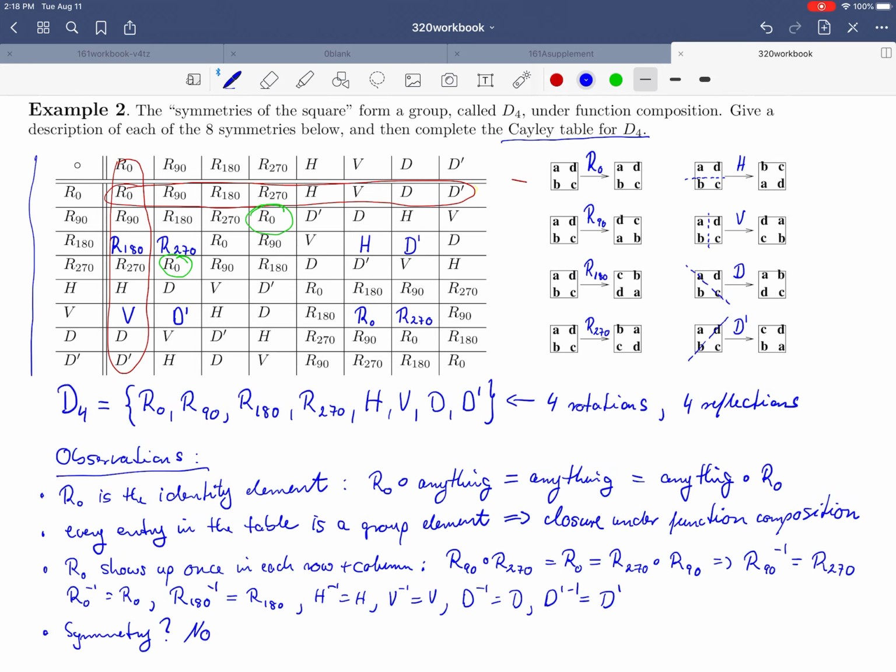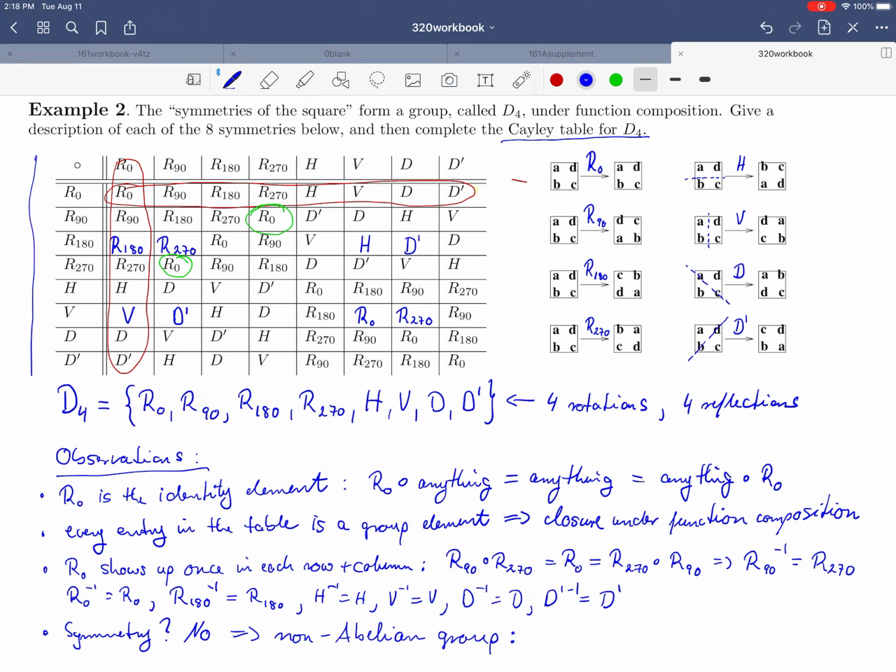And that means that our group is not abelian. So we are looking at a non-abelian group. And it's a great example of a non-abelian group. So we don't have commutativity. And for example, let me give you an example right here. Let's see.